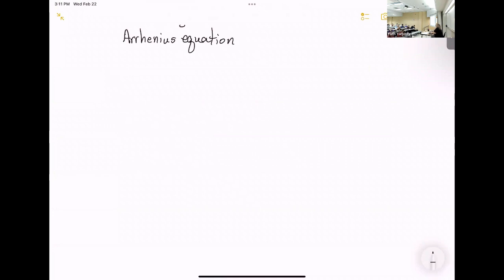So when you have an energy of activation diagram, from a general perspective, on the x-axis, we are talking about the reaction progress. On the y-axis, you are talking about energy.